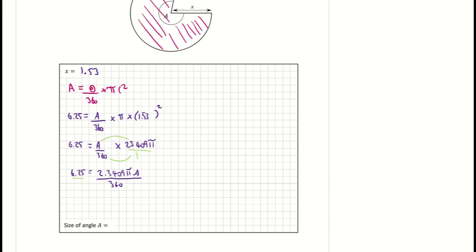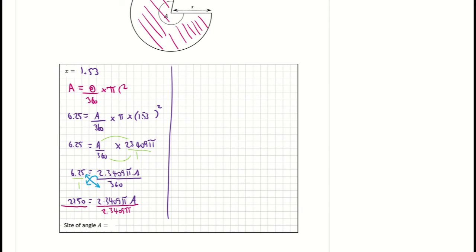Again, I'm going to make a fraction on the left here, and I'm going to cross multiply, which is giving me 6.25 multiplied by 360, which is 2250, is equal to 1 multiplied by the top of that second fraction. And that's giving me 2.3409 pi A. And in order to get A on its own, I'm going to divide both sides by the 2.3409 pi.